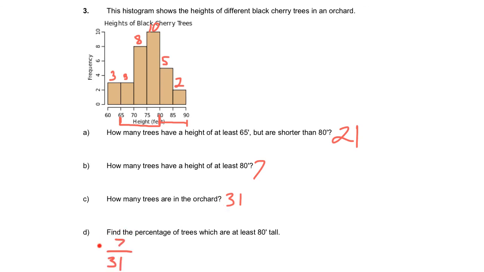So I can set that up as a fraction. I have 7 out of 31 trees that are at least 80 feet tall. When I do 7 divided by 31 in my calculator, I get about 0.226. So rounded, that's about 23%. So I can say 23% of these trees are at least 80 feet tall.